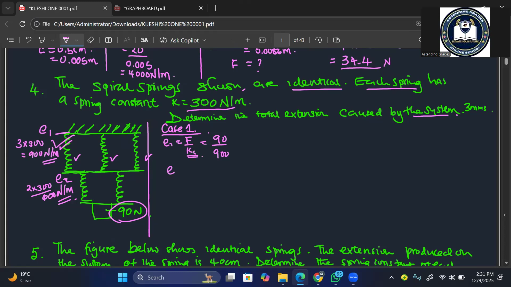And in this case, our E1 will become 0.1 meter.